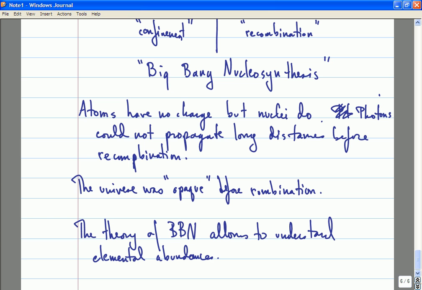Indeed, one of the big constraints, if you go to some particle physicist and you try and propose your new theory of particle physics, one of the biggest and most stringent constraints that you will always be confronted with for any new theory of particle physics is that you can't mess up Big Bang nucleosynthesis. For example, if there was an extra species of neutrino, we have 3 generations of fundamental particles.